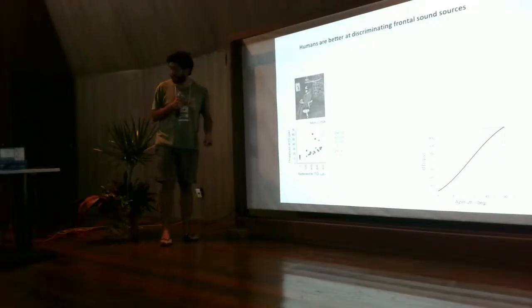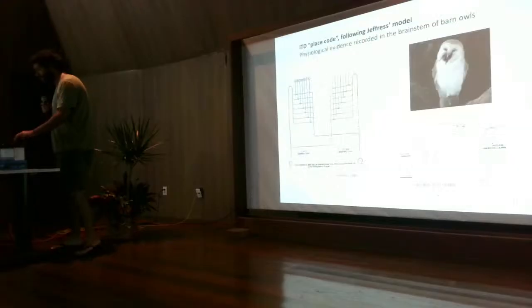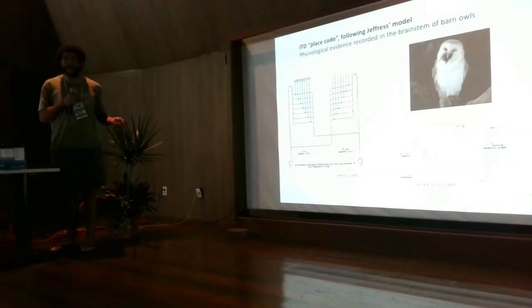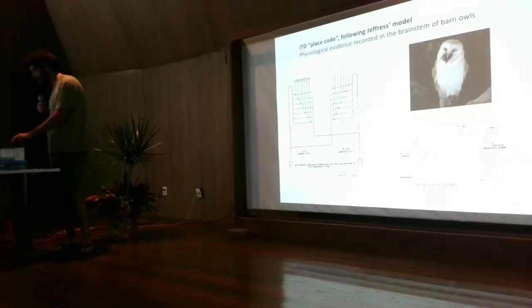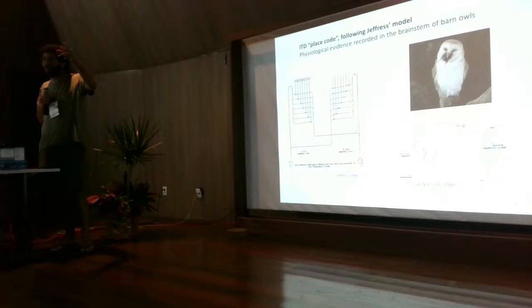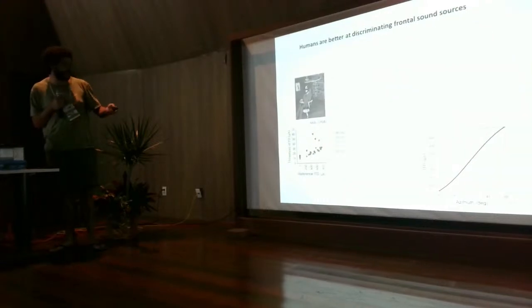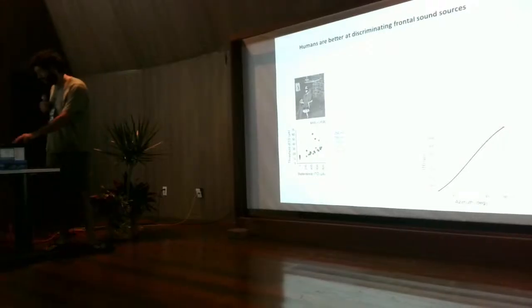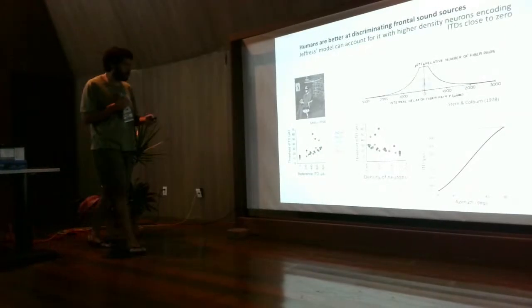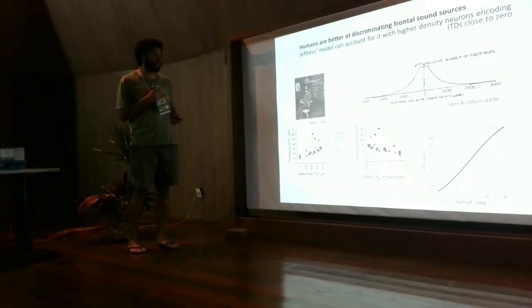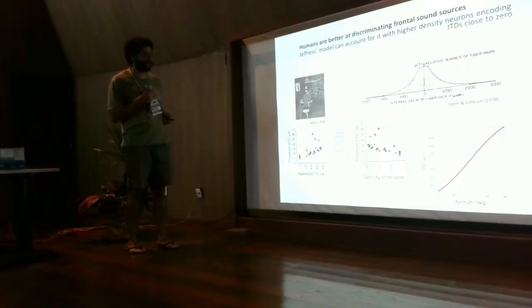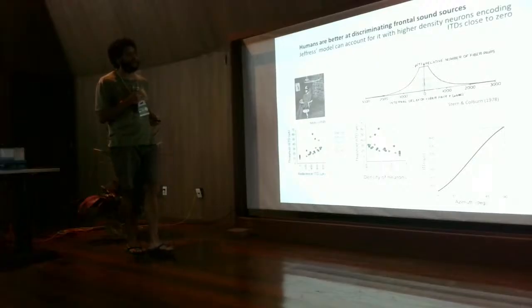And the idea was, okay, how do we have to change this model to capture these properties, to match what they expect to find in physiology, and to adapt it to match what they find in psychophysics. And the proposal was to include more and more neurons responding to the front. So there is a higher density of neurons responding to locations, to ITDs near zero, right?